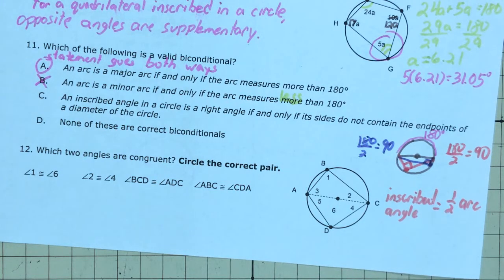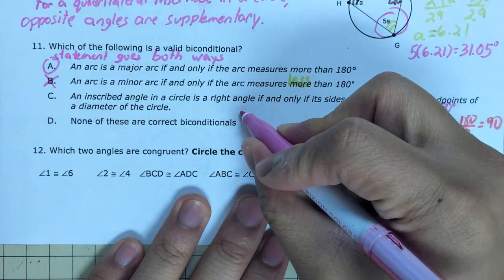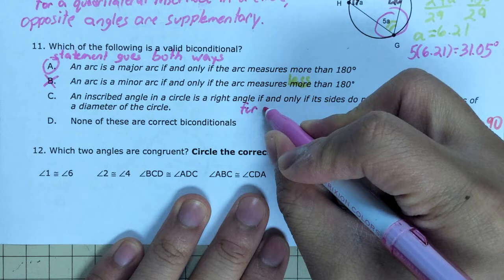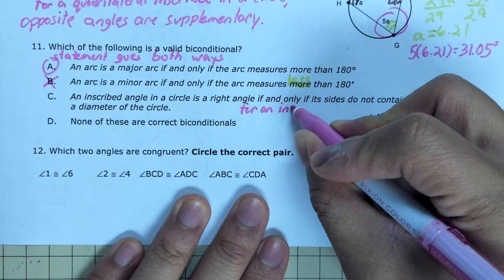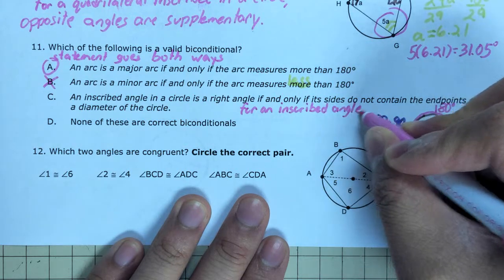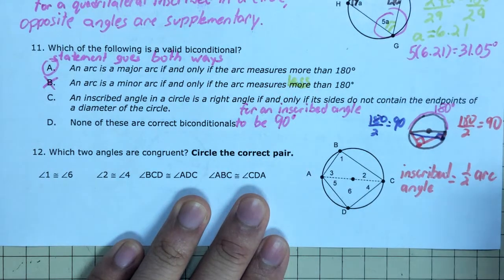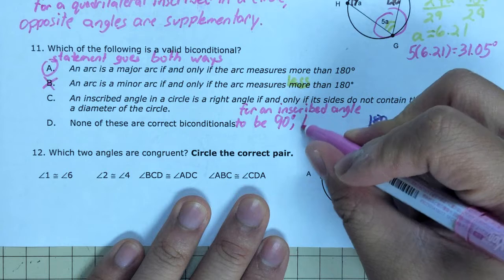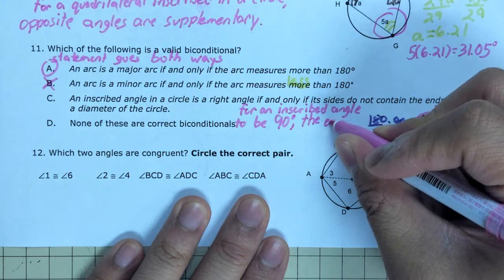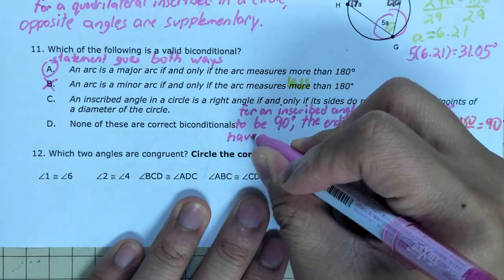What I'm trying to show here is, let me make a note. For an inscribed angle to be 90 degrees, the endpoints have to be on a diameter.